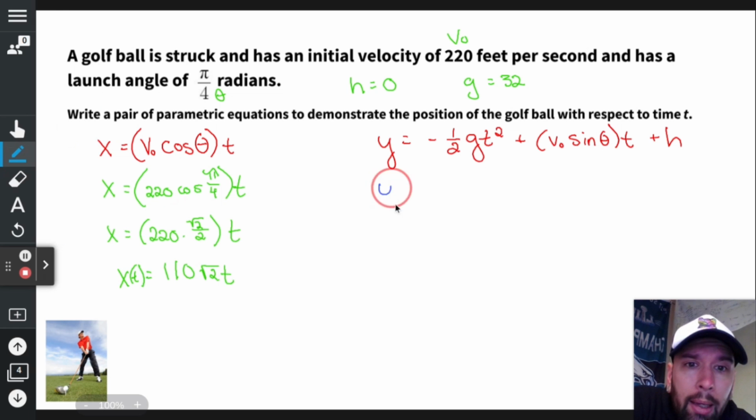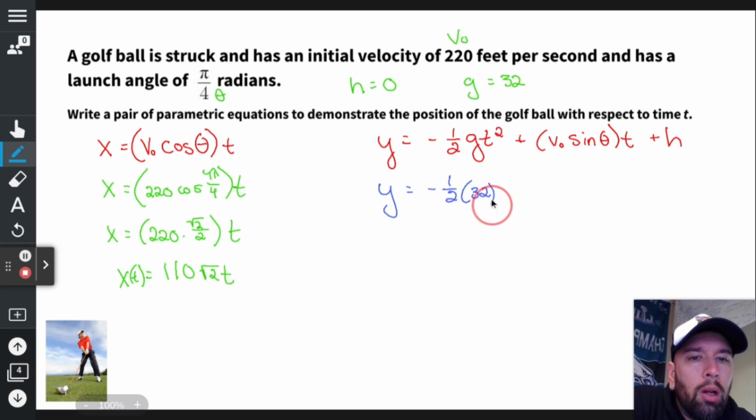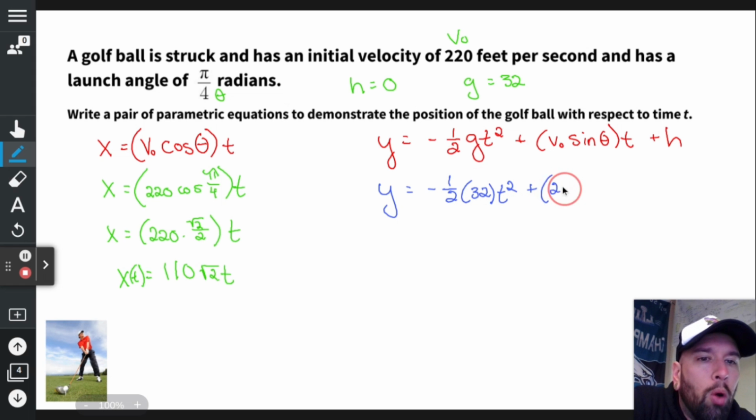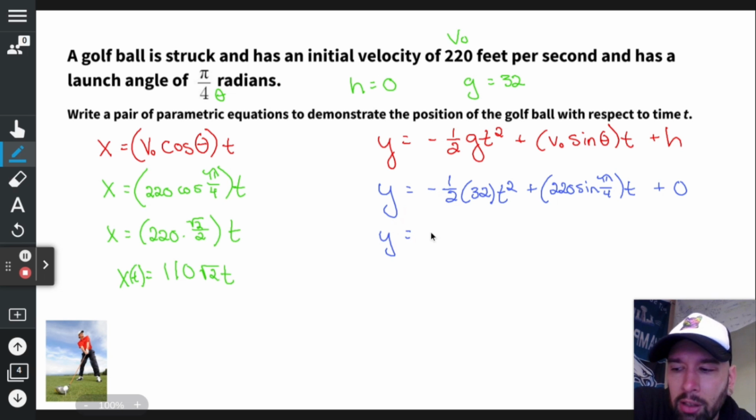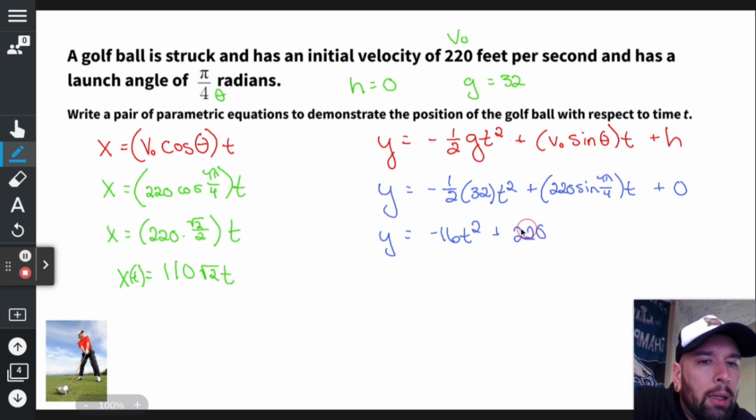My y is going to be negative 1/2 of g, which is 32 t squared, plus my initial velocity, which is 220 sine pi over 4, times t plus 0. So y is going to equal negative 1/2 of 32, which is negative 16 t squared, plus 220 times sine of pi over 4, which is also root 2 over 2, times t.